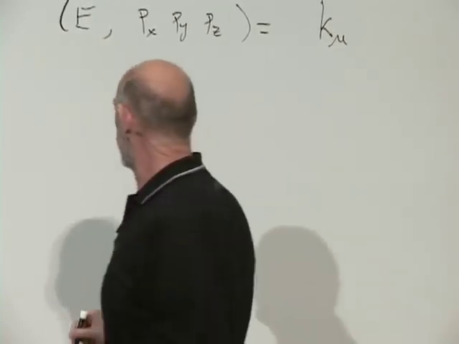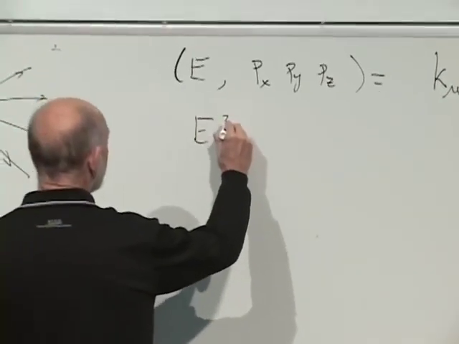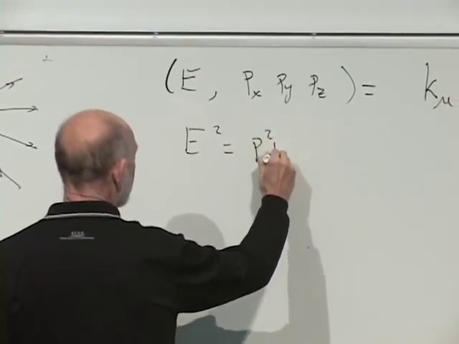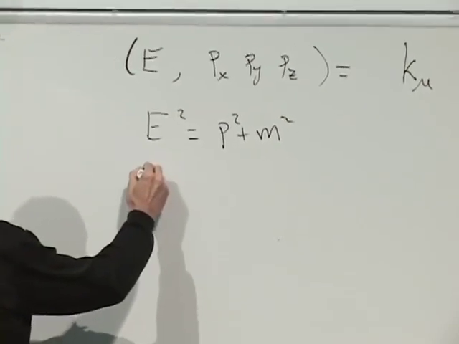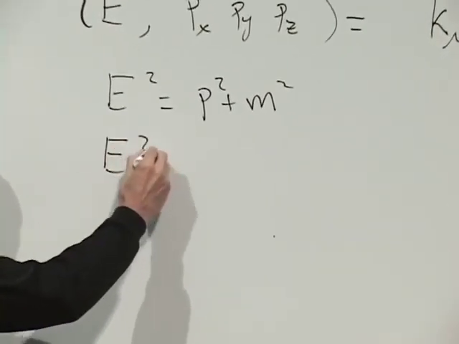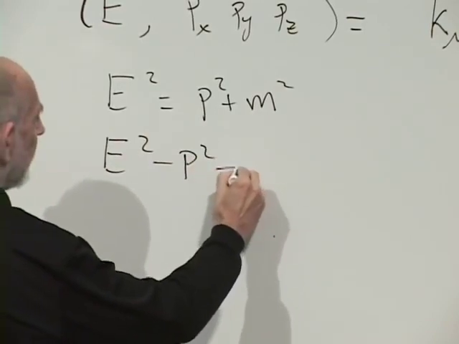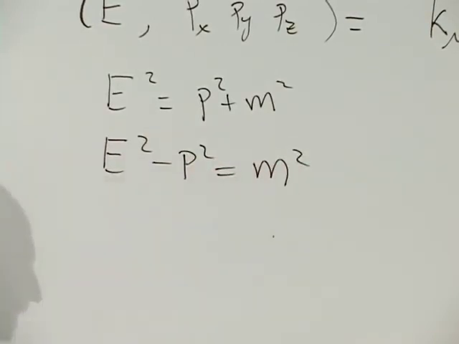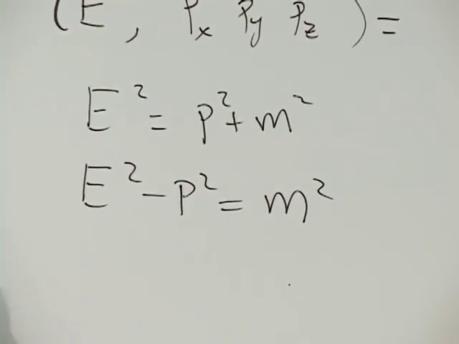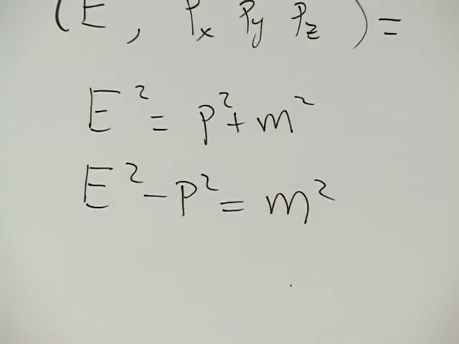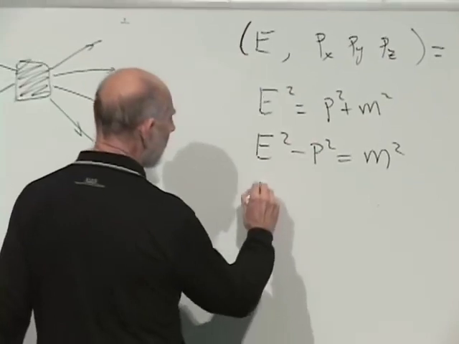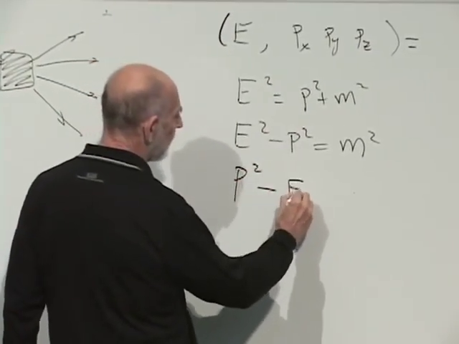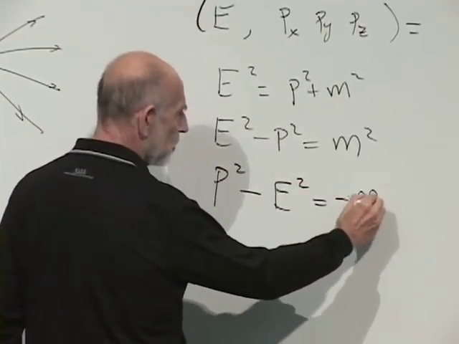E squared equals p squared plus m squared, or let's write it the following way, E squared minus p squared equals m squared. And just in order to keep my notation consistent with notations of physicists for many, many years, I am going to write this as p squared minus E squared equals minus m squared.